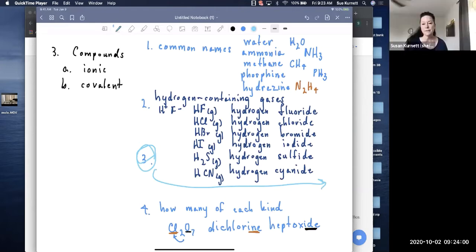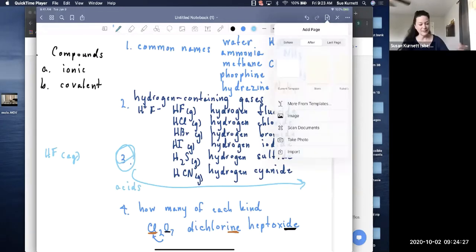So solid, liquid, gas, and aqueous are phases we might use as subscripts. And here, there's possibilities. If HF had an AQ behind it, it's no longer pure, it's mixed with water, it's a mixture. And it behaves as an acid, so we name it differently. So the next category, which is acids, gets its own page because it needs a whole page.